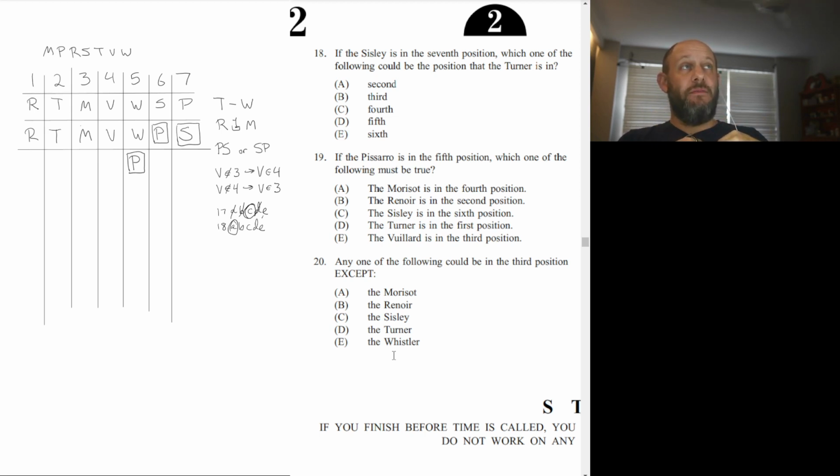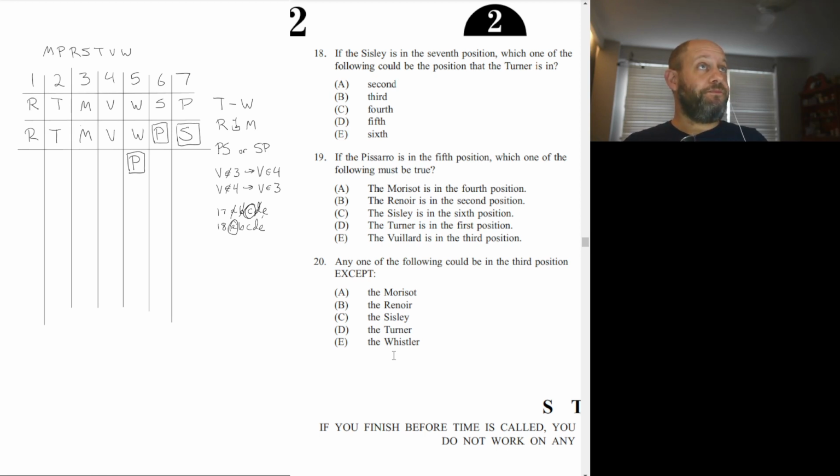So my job then is going to be to go through the deductive process, if I have to, but then one by one, can I make these things false? If I can, they are not the correct answer. And the one that I can't make false, well, that means that must be true. Because it's very hard to show that something must be true. It's true in every circumstance. But it's very easy to show that something can be false. I only have to do it once.